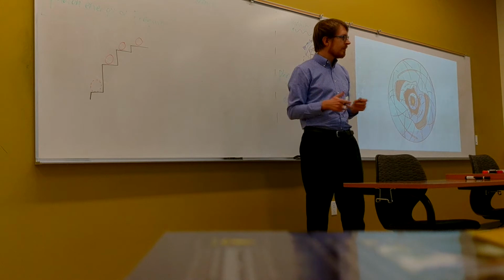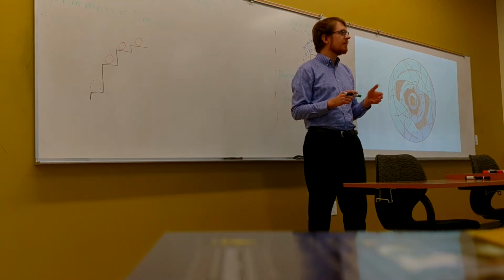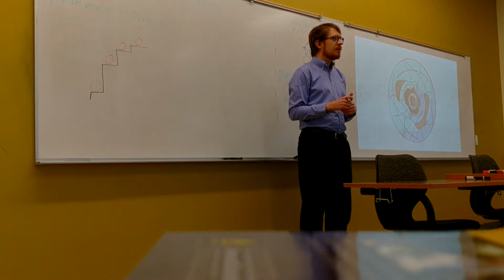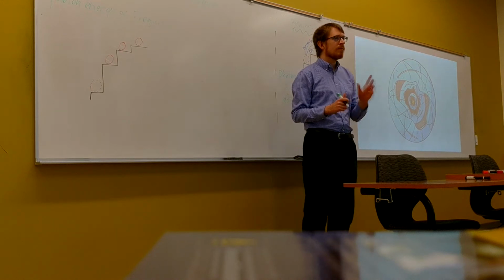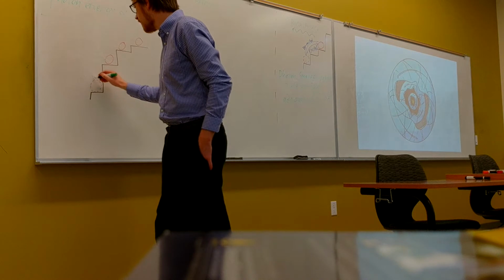But when the electron falls back down to that lowest energy level, it's going to fall a different distance depending on which stair it started at. So there are these various different energy level differences in an atom. The electron can fall from here to here.